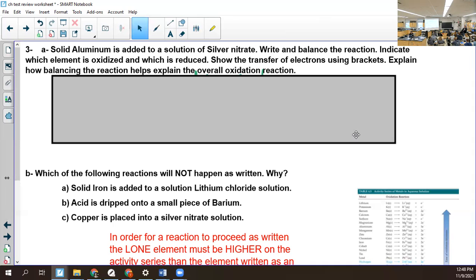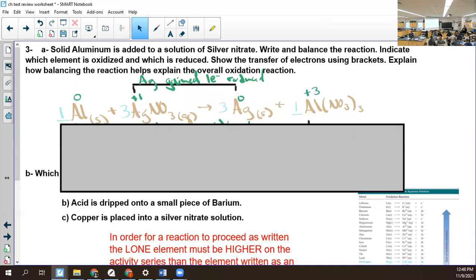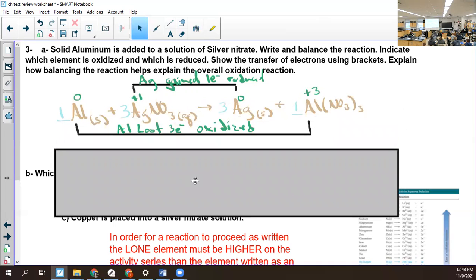So I'm going to pull this down. So I got Al plus AgNO3 goes to Ag plus Al(NO3)3.